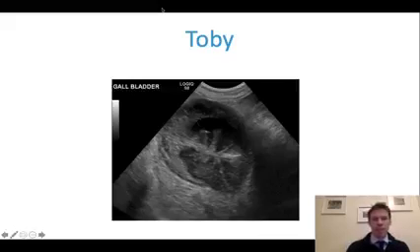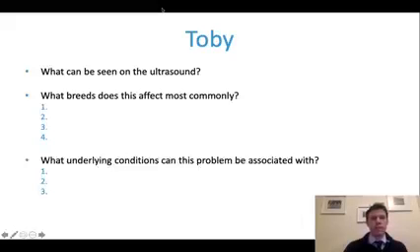This is the liver surrounding the gallbladder, and you can hopefully make out, if you squint carefully, the sort of cross-section appearance of a kiwi fruit. This stellate arrangement is pathognomonic for a gallbladder mucocele, and that's what Toby had. So that's our diagnosis. What can be seen on the ultrasound is a gallbladder mucocele.